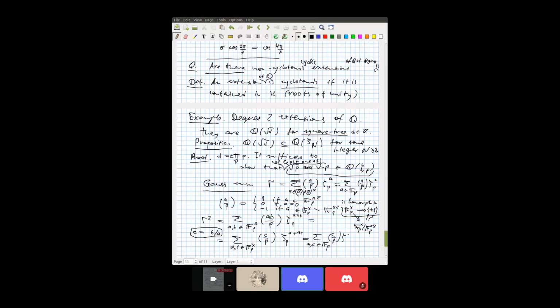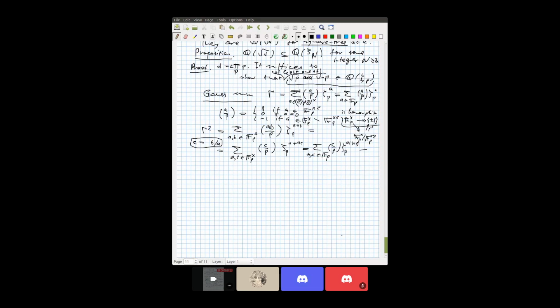So let me write this. So this will be C over P, here it will be A times 1 plus C, minus, so A should not be equal to 0, so we have to subtract this.